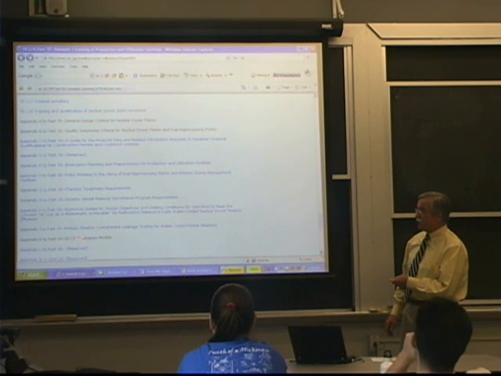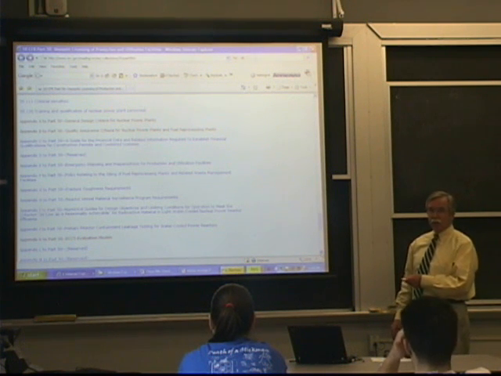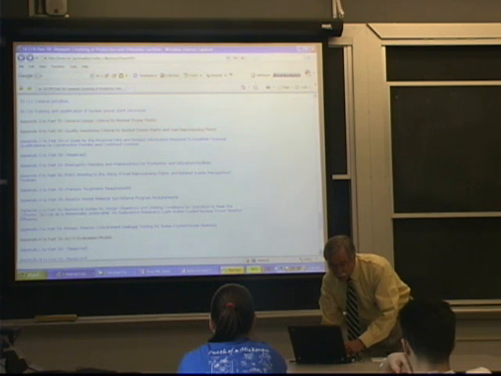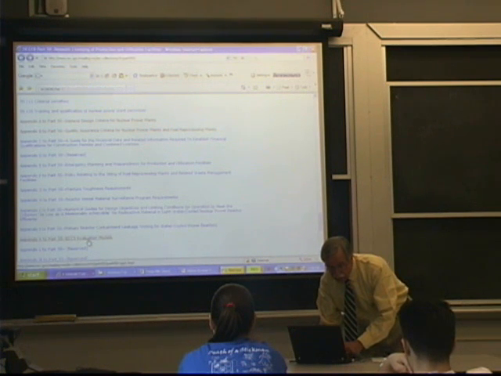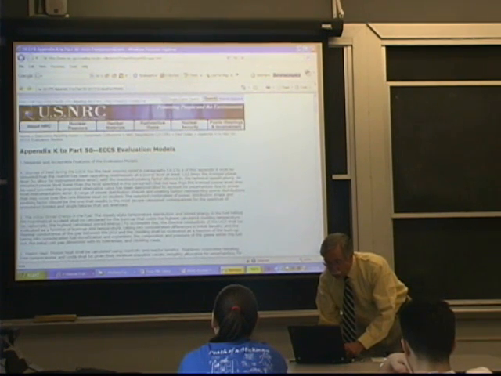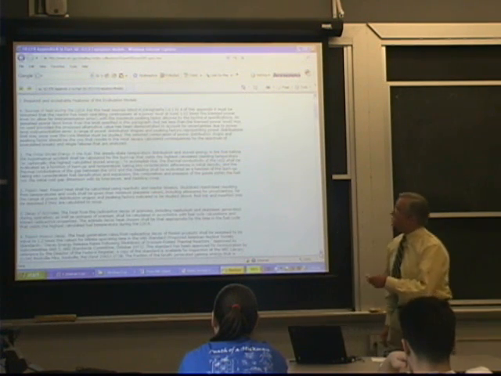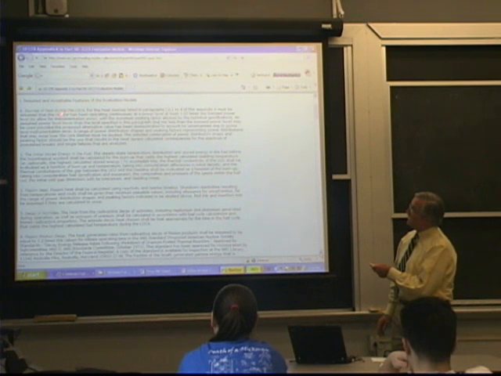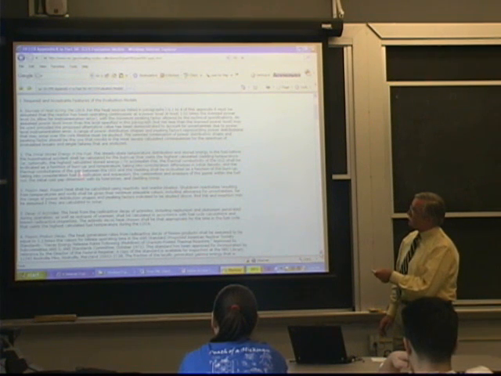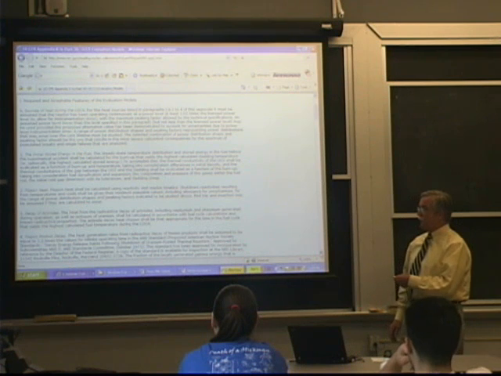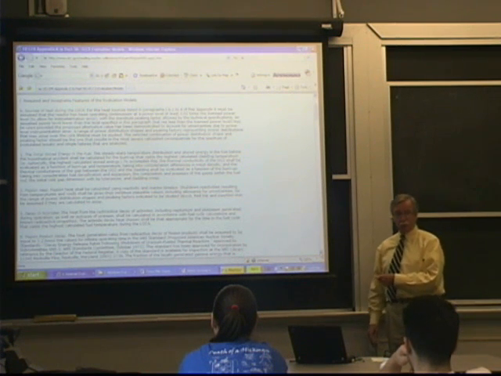And then here's your famous Appendix K. We talked about that. These are the specific requirements, if you ever want to get into it, for what they call evaluation models, in terms of what you must assume for the NRC to consider your analysis acceptable.